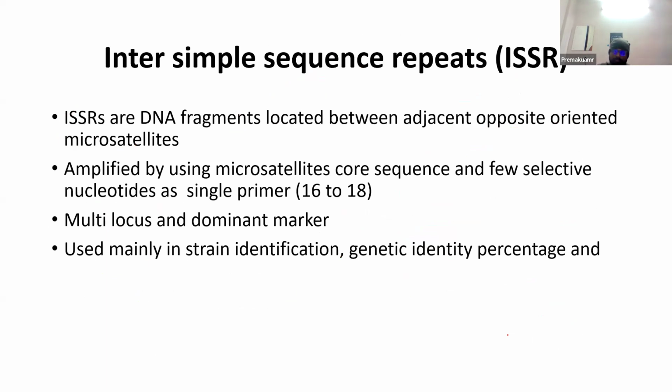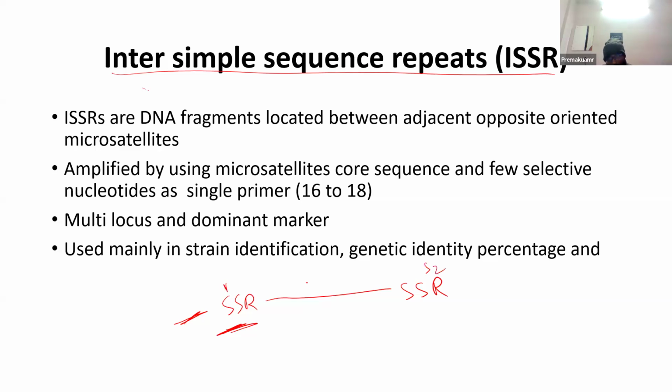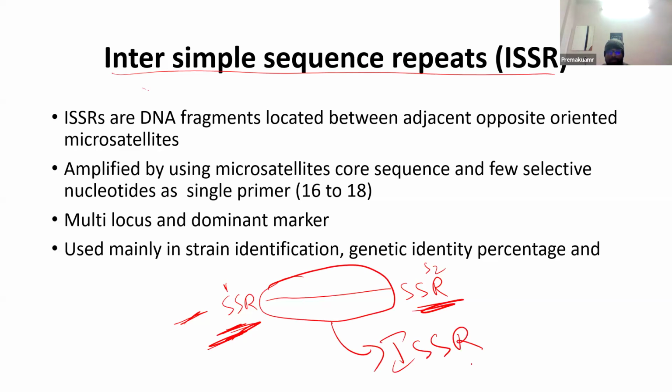Another marker system is ISSR. I told you about SSR. For example, think of SSR1 and SSR2. The intermediate region between two SSR markers is called an ISSR marker.